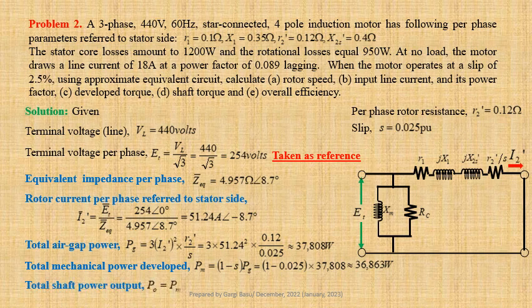Po equals Pm minus Pr. Given rotational losses, Pr equals 950 watts. Therefore, Po equals 36,863 minus 950, that is equal to 35,913 watts.